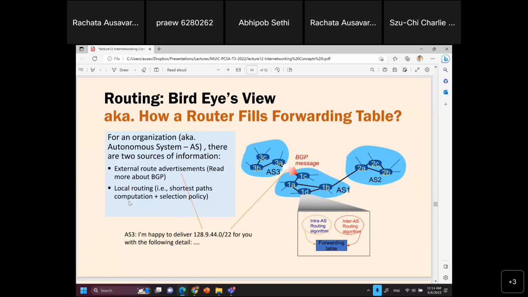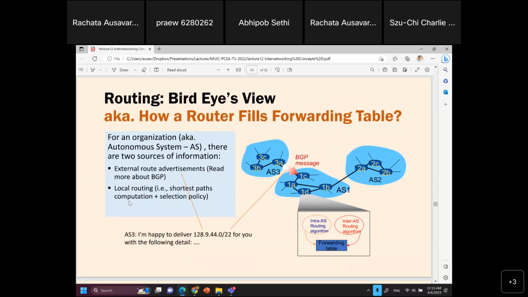First, it will get the external route advertisement. External route advertisement basically has to do with routes from external sources that are available and that you might want to use if you want to get to the destination. So that's the external route in the internet.